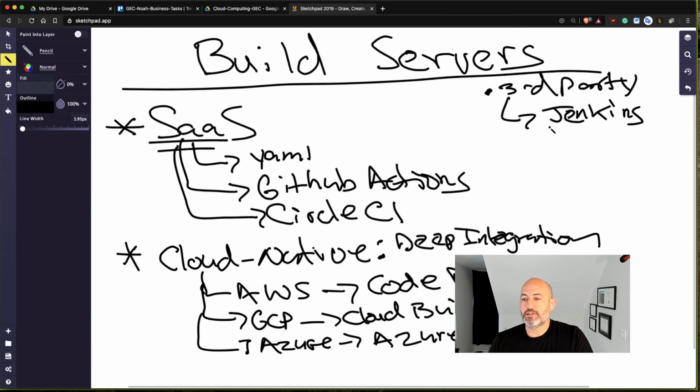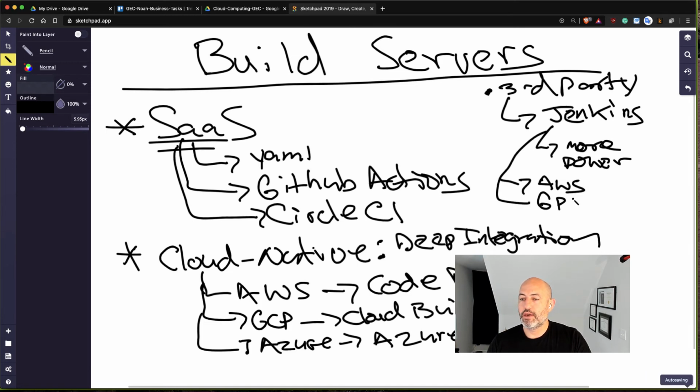But the advantage of it would be that potentially you have more power because you can configure Jenkins to work with any operating system. So Jenkins, for example, will work with AWS. It will work with GCP. It'll work with Azure. You can install Linux on it. You can install Windows on it.